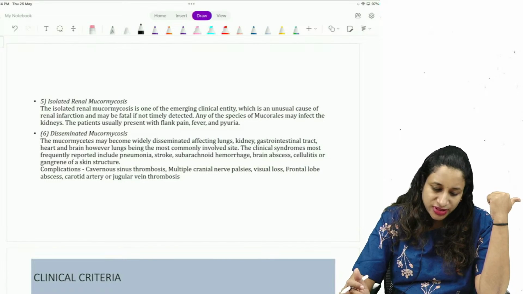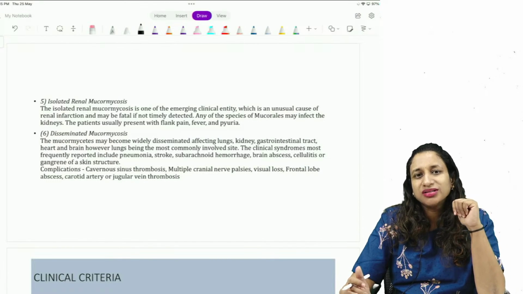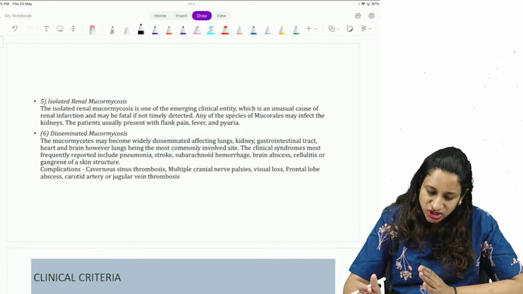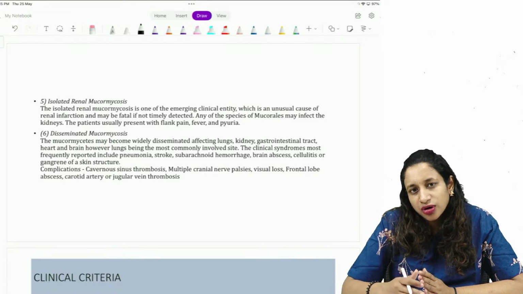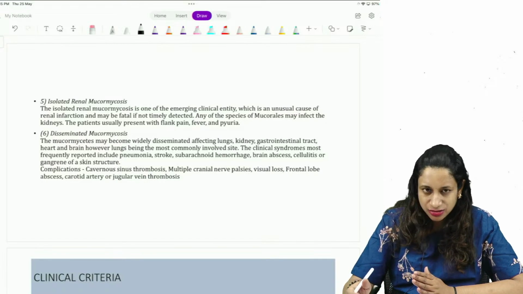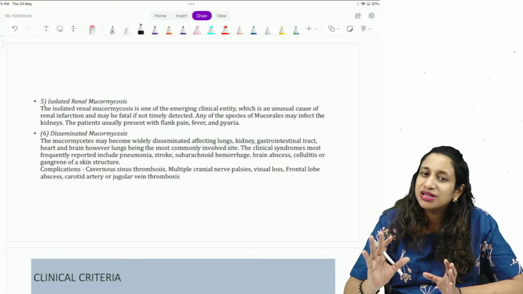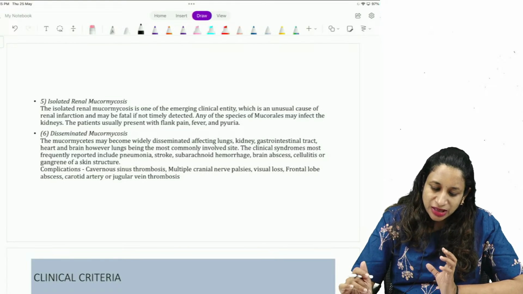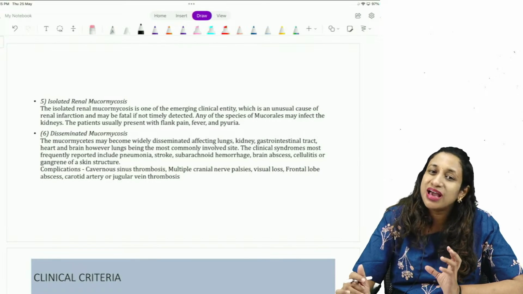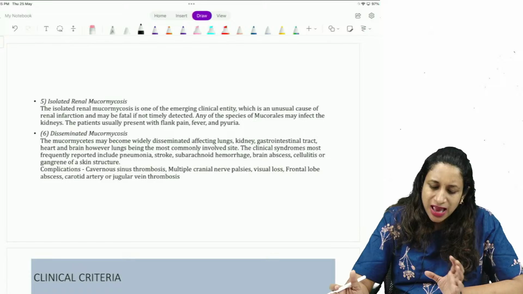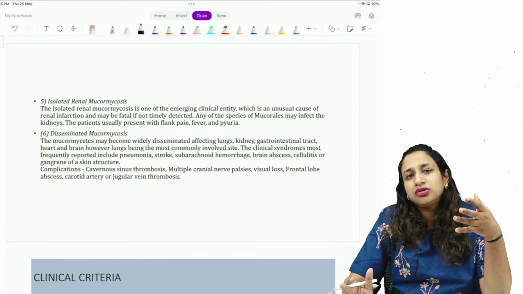Now coming to disseminated mucormycosis. What are the important things that you should know? Whenever we are talking about dissemination, most of the time it involves the lungs, it involves kidneys, it could be GI. So there is always most importantly the lungs being involved. The syndrome here many a times can present with pneumonia, you can have stroke, there is hemorrhage and brain abscess which can occur, and all of this can also lead to nerve palsies.